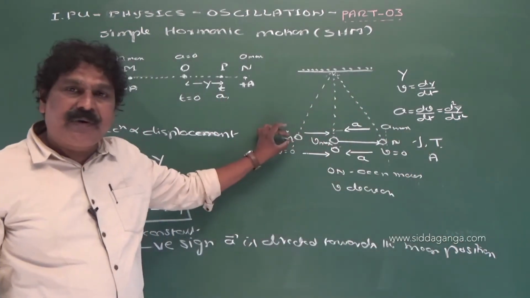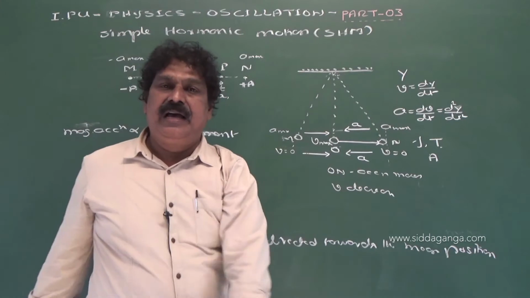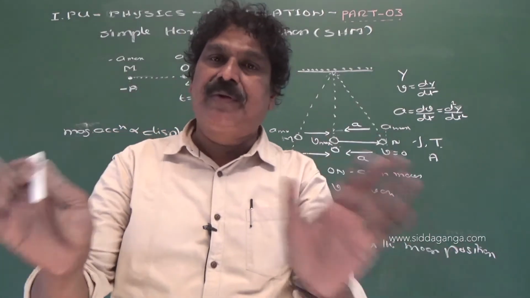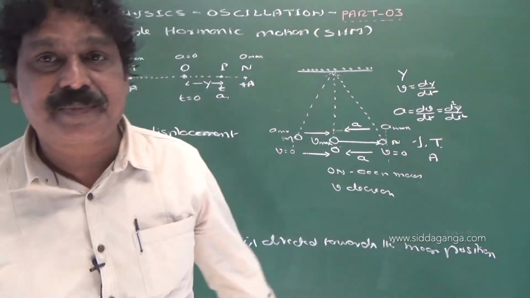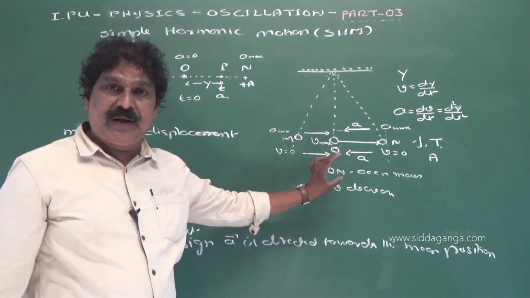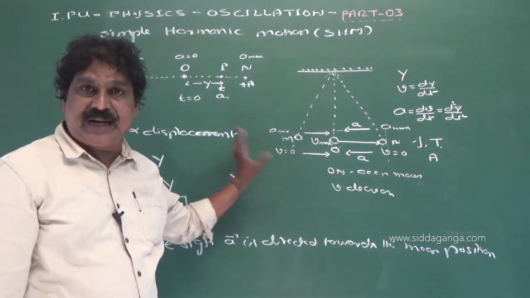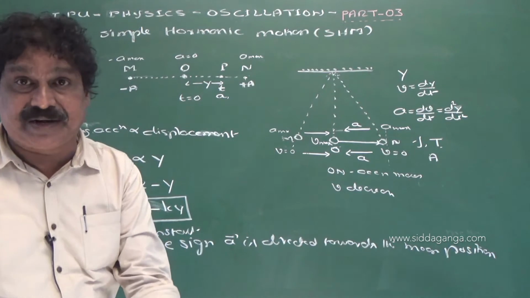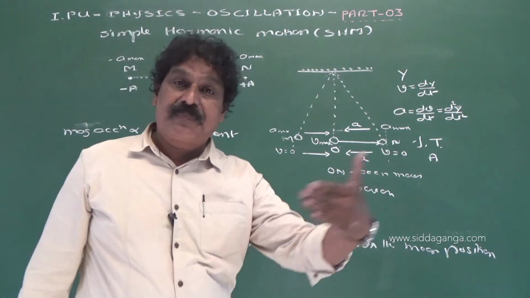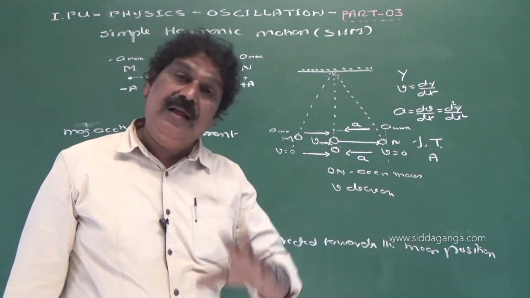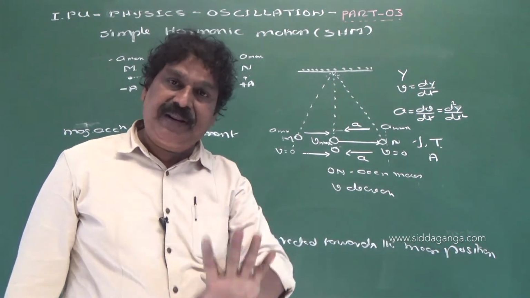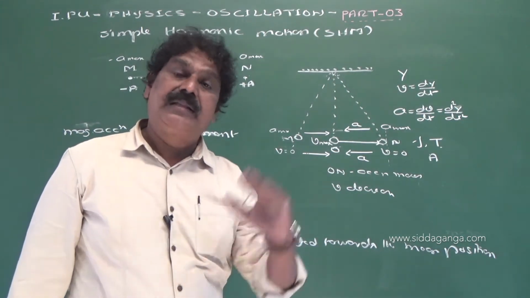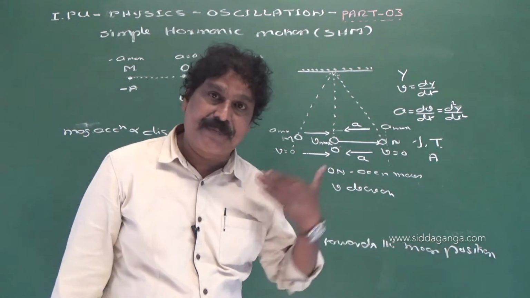When you pull it apart 10 centimeter and let it go, the amplitude remains constant, that is 10 centimeter. For the same simple pendulum, if you pull it 15 centimeter and let it go, now the amplitude will be different. For that oscillation the amplitude is 15 centimeter, but the frequency remains the same.